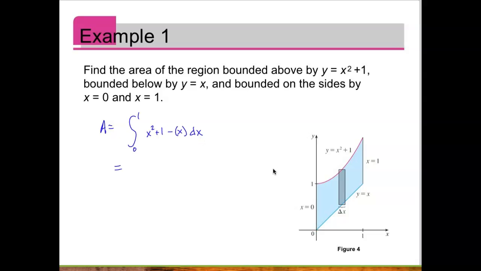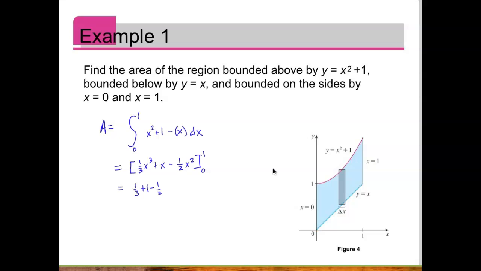All right, then we just have a basic definite integral that you guys are completely capable of dealing with. So what's the antiderivative of x squared? So we get 1/3 x cubed plus, minus 1/2 x squared, and we need to evaluate that from 0 to 1. Plug in 1, I'm going to get 1/3 plus 1 minus 1/2.